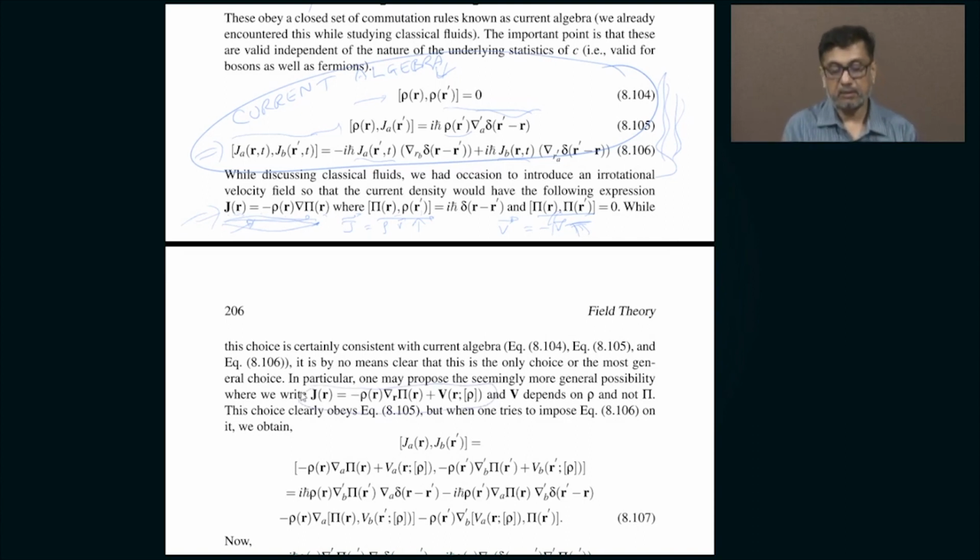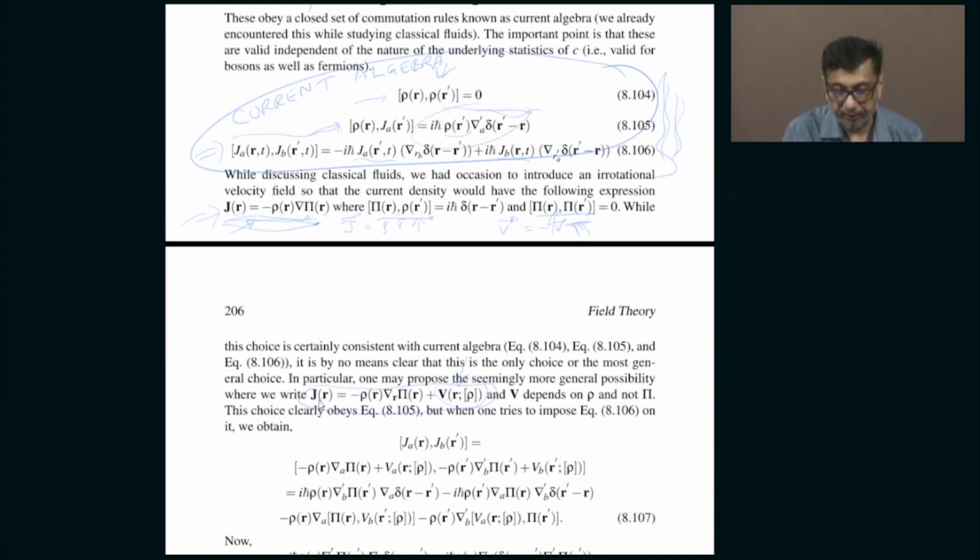Okay. So, I am going to show you that if you attempt to construct something more general, j is minus rho times grad pi plus v of r. The reason why this is the only thing that is likely to be more general and consistent with this is that if you look at the second one, if you take rho commutator j and this involves pi again, it is going to violate this result.